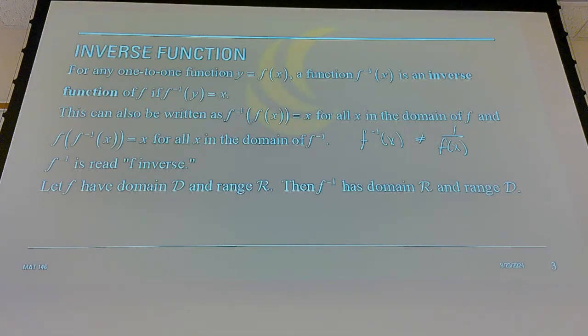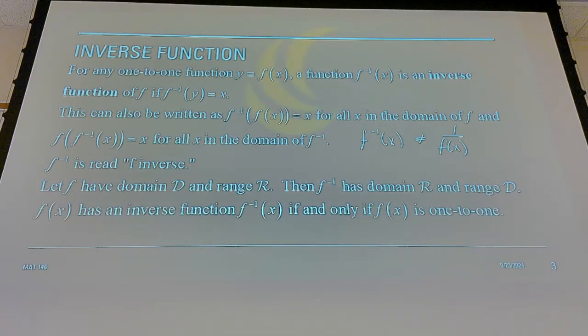Probably the most important result: f of x has an inverse if and only if it is one-to-one. The second part of that statement is given in the definition of an inverse, where it says for any one-to-one function. So that means every single one-to-one function has an inverse.